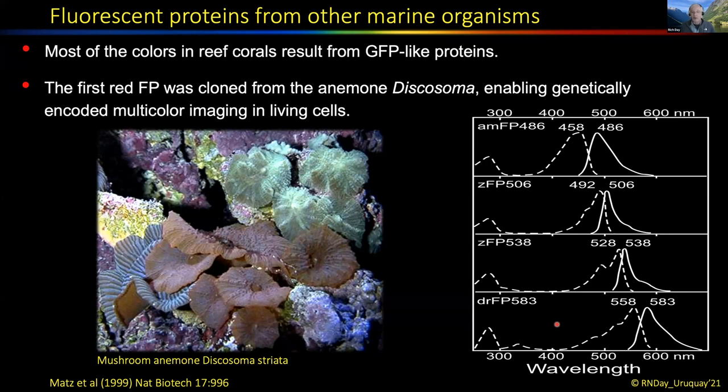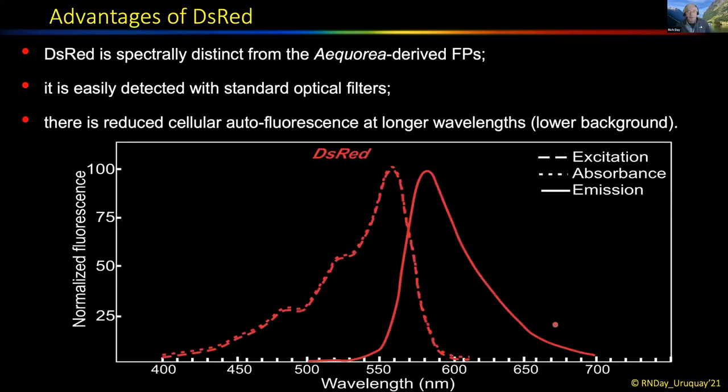That is DsRed. And so DsRed has a distinct fluorescent spectra from the Aquaria FPs. It's easily detected with standard optical filters. And because there's much reduced cellular autofluorescence at these longer wavelengths, it was really a useful tool for cellular imaging.